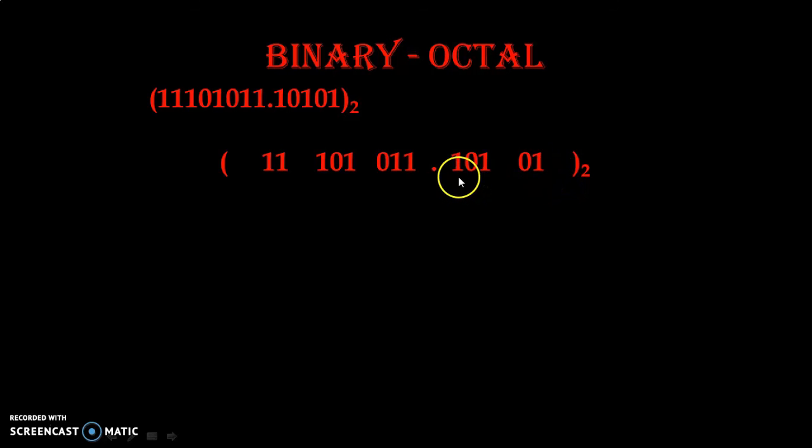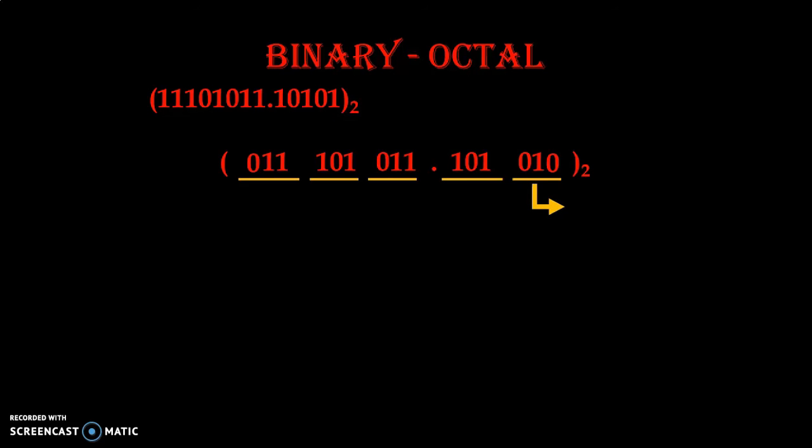In the fractional value, we can add zeros at the end, while in integer value, we can add zeros at the beginning, on the most significant side, the left extreme side, while in the fractional value, we add on the right extreme. So now our groups are ready for integer values as well as for the fractional values, right?